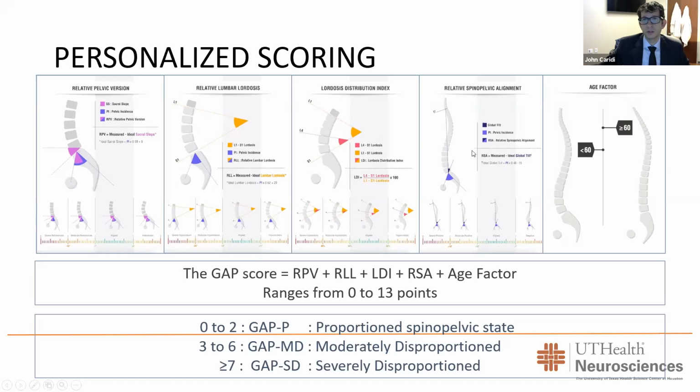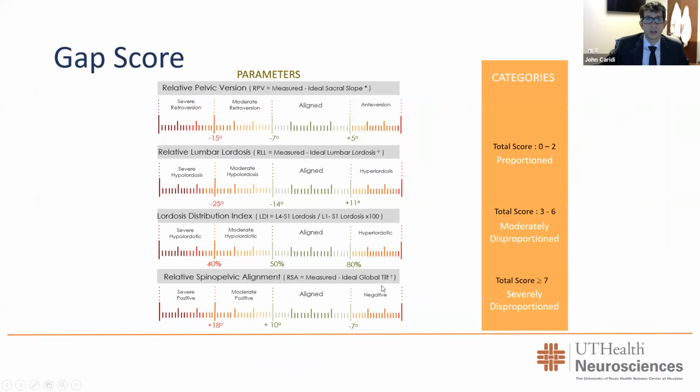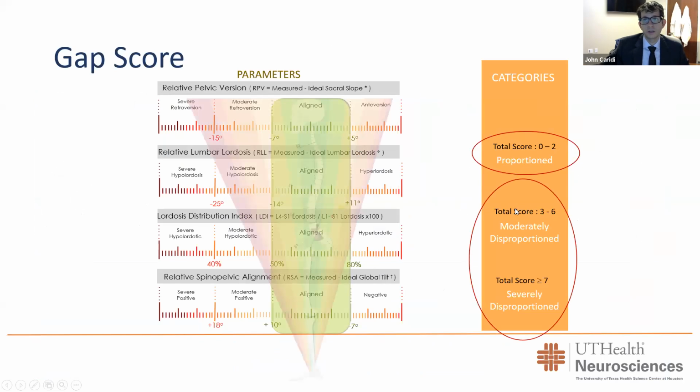And then it uses the global tilt for the relative spinal pelvic alignment, and then adds in an age factor. And all of these together creates a range from 0 to 13 points. So with 0 to 2 being well aligned and proportionate, 3 to 6 being moderately disproportionate, and then greater than 7 being severely disproportionate.